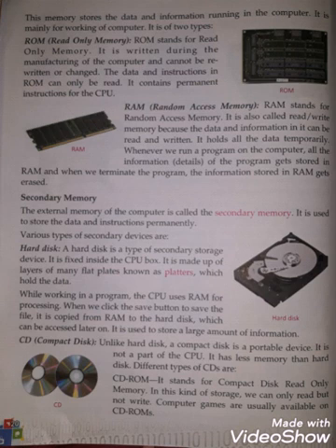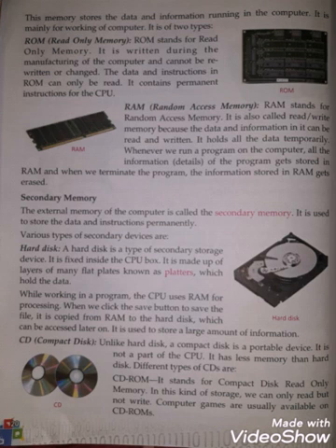So the booting process, you must have heard about the booting process. When you switch on your computer, the computer takes some time by itself, and after a few minutes you get the screen that contains a few icons and the start button. That whole process is done by the computer itself.